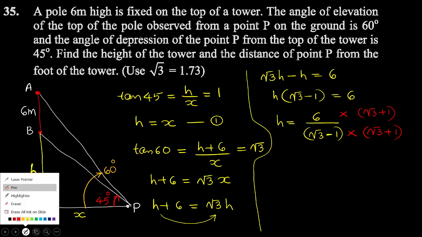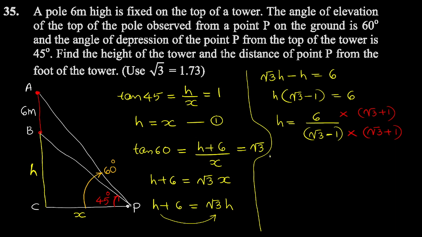Multiplying with the conjugate, h, that is the height of the tower, equals numerator 6 into root 3 plus 1, and the denominator is a plus b into a minus b, correct? A plus b into a minus b will be a square minus b square.